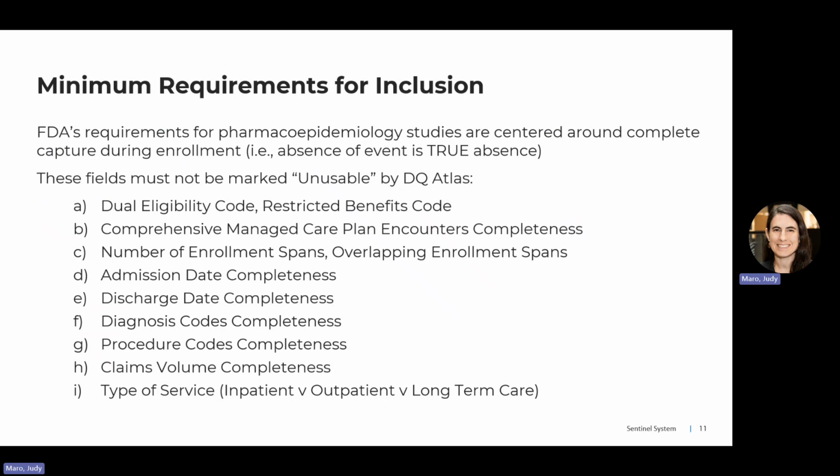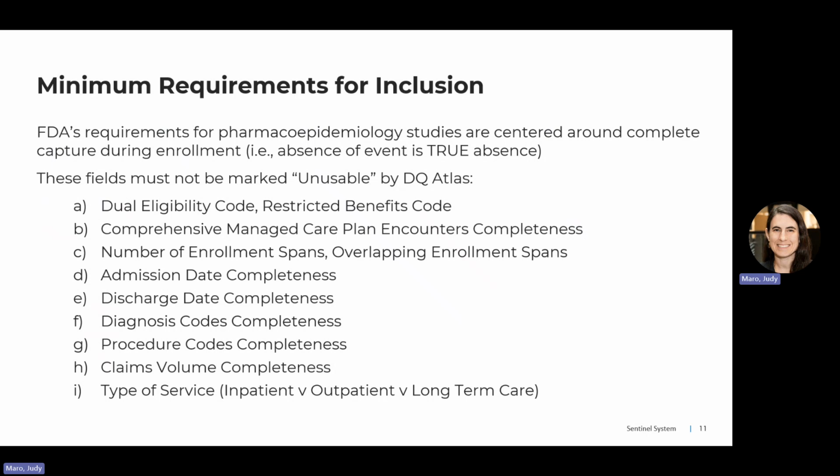There are fields that have been designated through the Data Quality Atlas that we say cannot be marked as unusable, because if they are marked as unusable, we won't allow them into our data set that is surveillance and research ready for P-core work and particularly maternal health work.